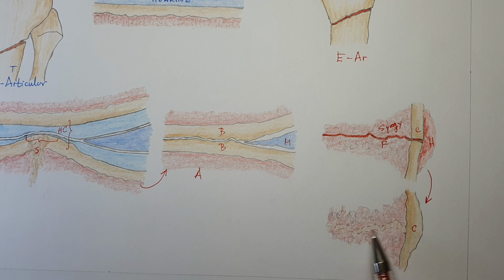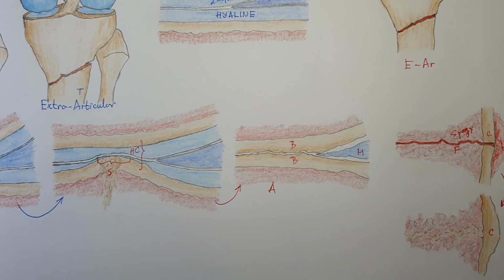In children, for example, after a fracture heals, after a few years, it can't be distinguished that at that part of the bone there was a fracture. So the healing potential in these fractures is actually very good. And that is the difference.